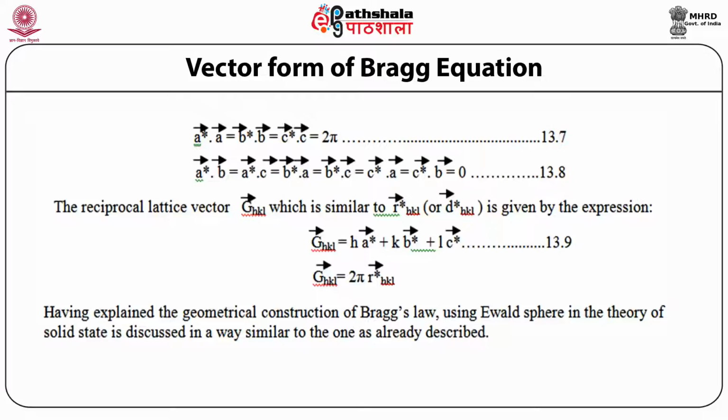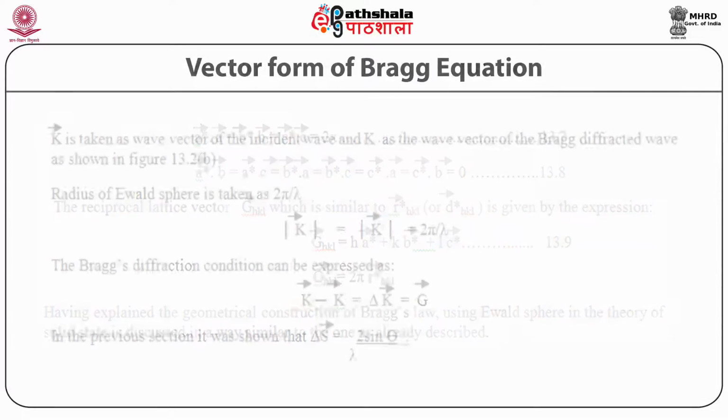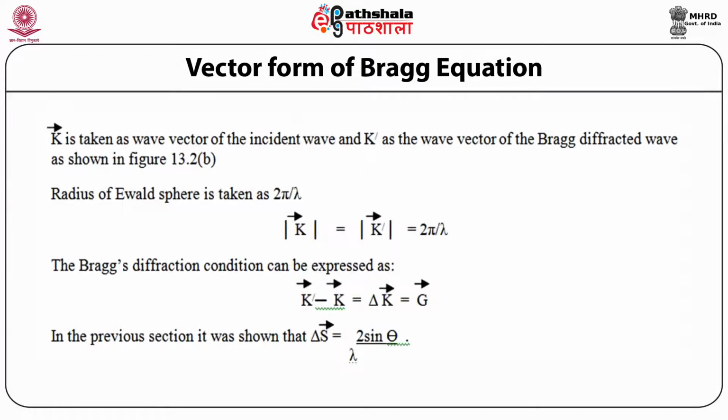Having explained the geometrical construction of Bragg's law using Ewald sphere, in the theory of solid state it is discussed in a way similar to the one already described. K vector is taken as wave vector of the incident wave and K prime as the wave vector of the Bragg diffracted wave, as shown in figure 13.2b.